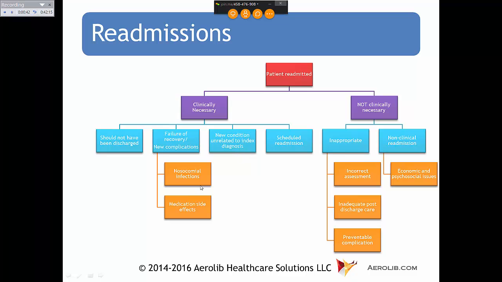But nosocomial infections, medication side effects, and a new condition unrelated to the index diagnosis: you admit someone with heart failure, do the treatment, and 4 days later they fall down and come back with a hip fracture. It is a readmission, but the documentation should reflect that it's not a readmission for a CHF exacerbation. This is a completely different diagnosis.